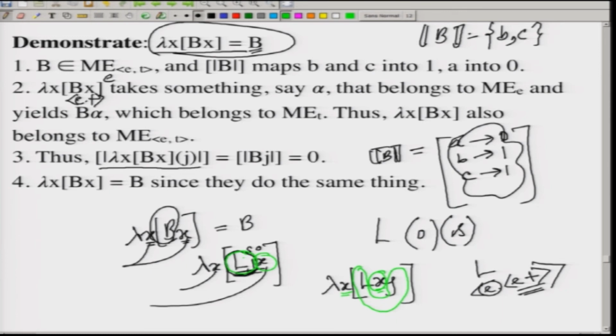Now, I want to define L itself. What do I do? I use two lambda expressions.